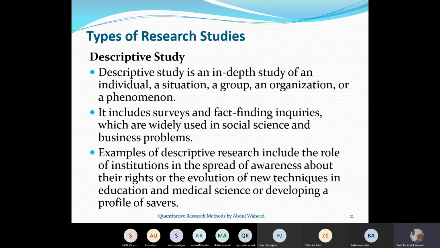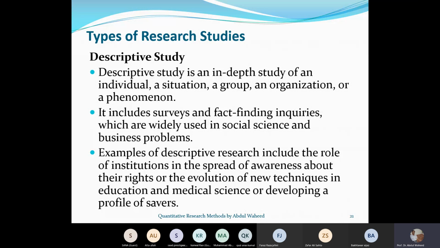So examples of descriptive research include the role of institutions in the spread of awareness about their rights, or evolution of new techniques in educational and medical sciences, developing a profile of a saver. We can also do a descriptive study about online teaching.